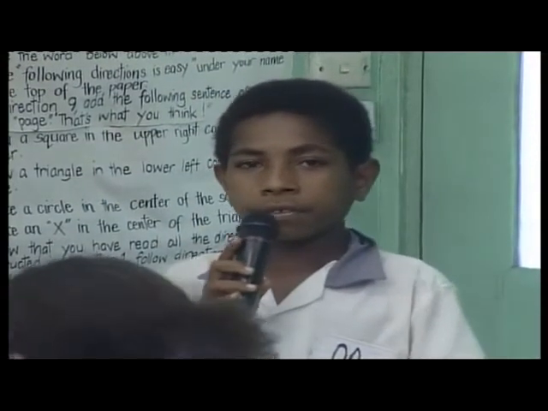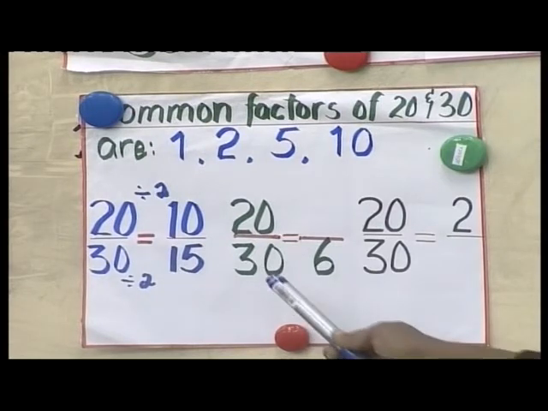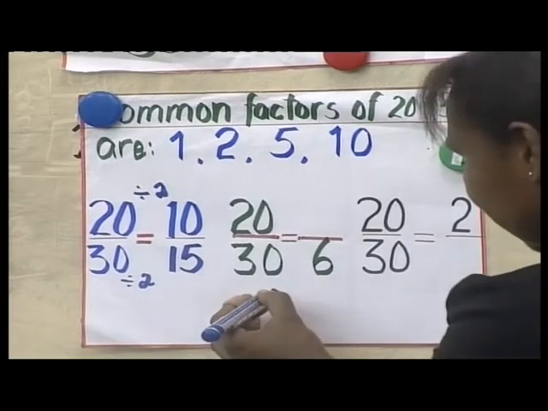What did you do with 5? Divided by 5. Okay, 6 Seas and receiving students, don't forget to make a mention of the operation that you have used. So in this case, divide by 5. So 30 divided by 5 is equal to 6.